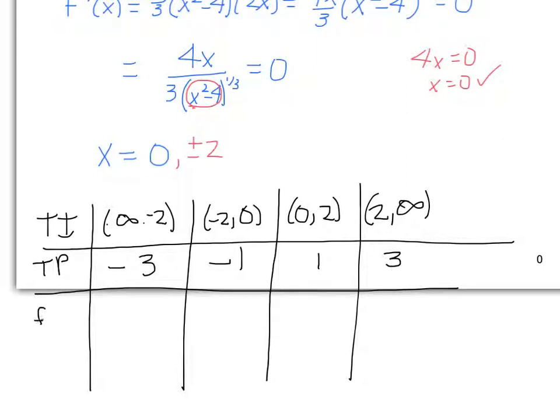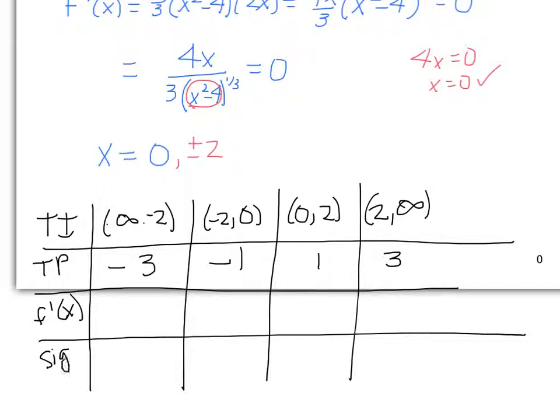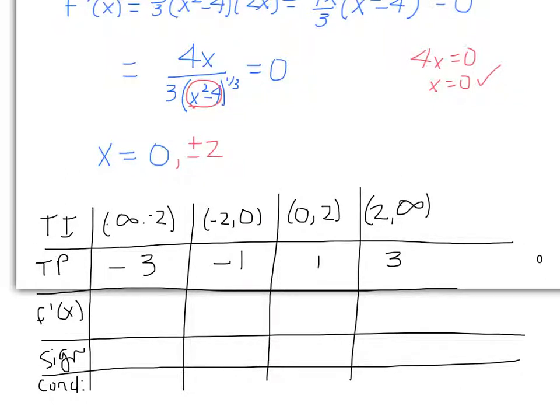I'm going to evaluate f prime of x. Then I'm going to look at the sign and then make a conclusion. So my f prime of x value at negative 3 is going to give me a negative 2.23.